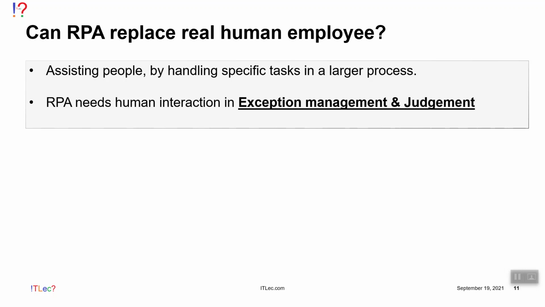And when ERP became a trend and all the big organizations implemented ERP, we again asked, will ERP replace the HR employees, accountants, those employees? But no, it will not, because at the end of the day, there must be human interaction for exception management and judgment.